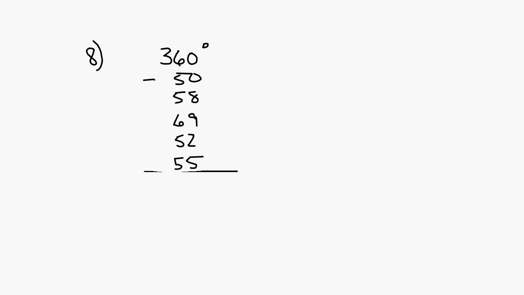So if you subtract the 5 exterior angles that are given, a 50 and a 58 and a 69, a 52 and a 55, subtract all those angles from 360.